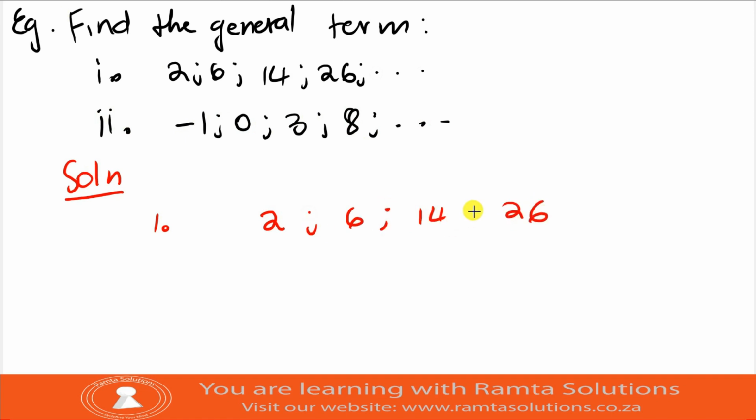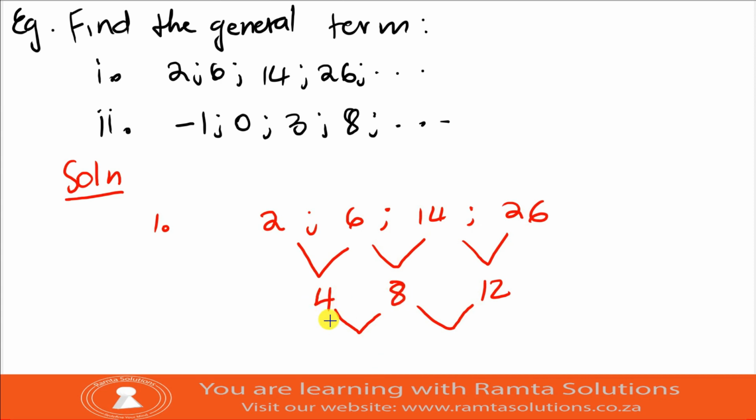I left the space so I can make those differences. 6 minus 2 is 4. 14 minus 6 is 8. And 26 minus 14 is 12. Now, these are not common, so I'm still going to find another difference.